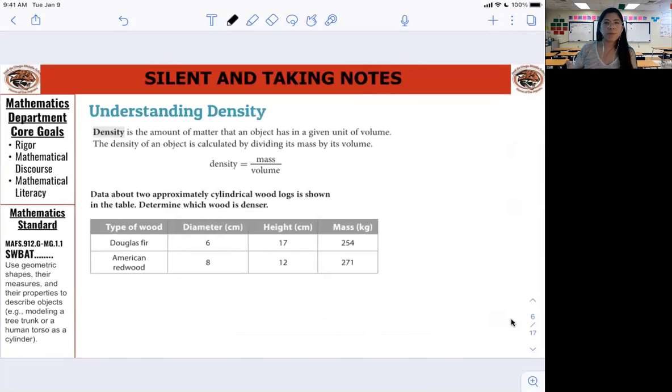You've heard this word before, right, in your science classes? Oh, literally today. Wow, well, that's amazing. Density is the amount of matter that an object has in a given unit of volume. So the formula that we know and love is right here: density equals mass over volume.